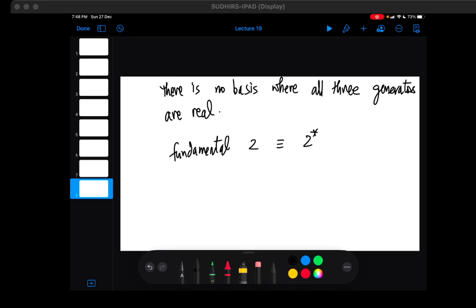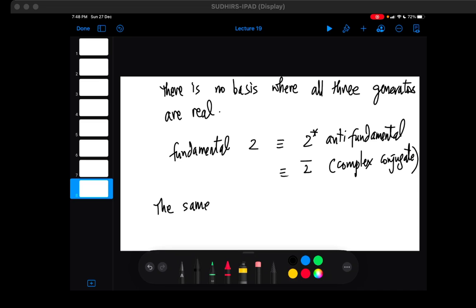The fundamental and the anti-fundamental are the same representation.